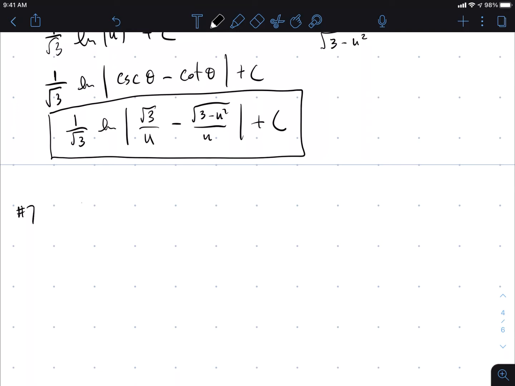All right, so the integral of x squared plus 14x dx, we're kind of stuck, right? Do you agree we're stuck? Yes. So in order to do this problem, we have to manipulate.